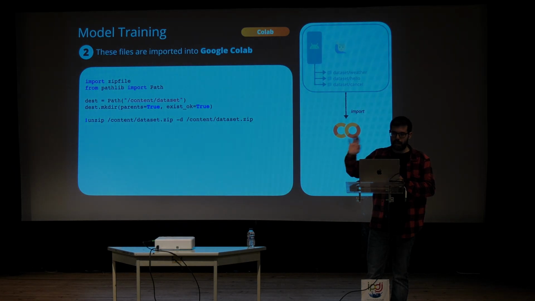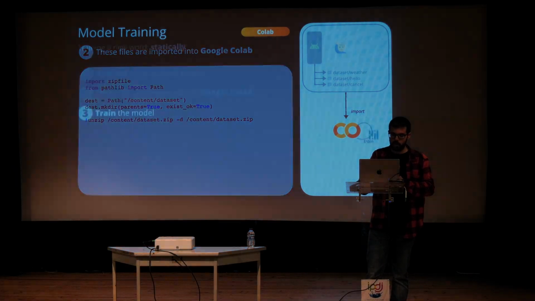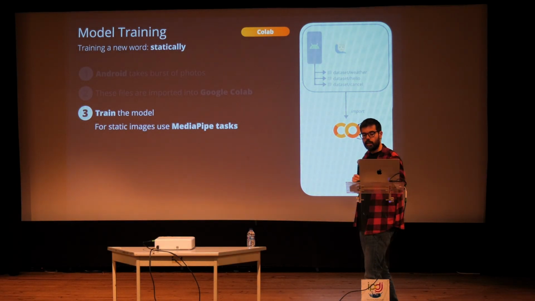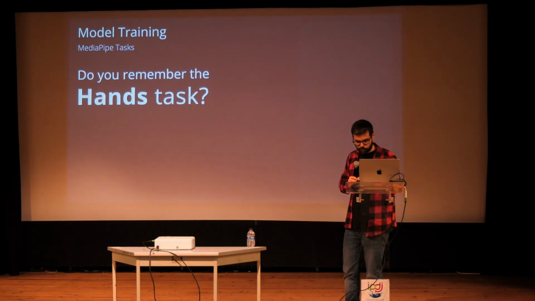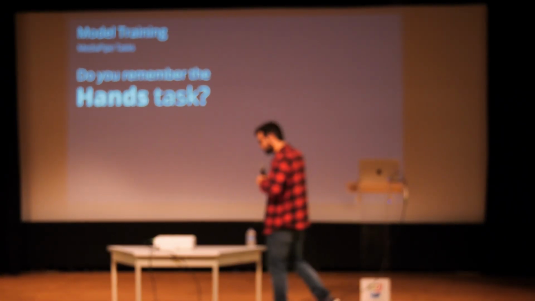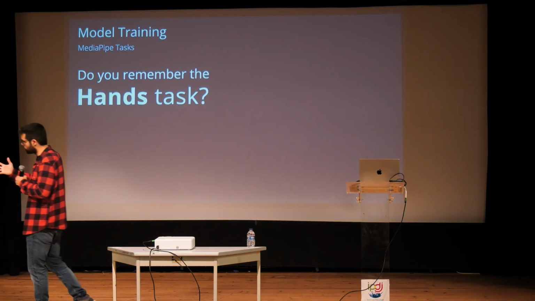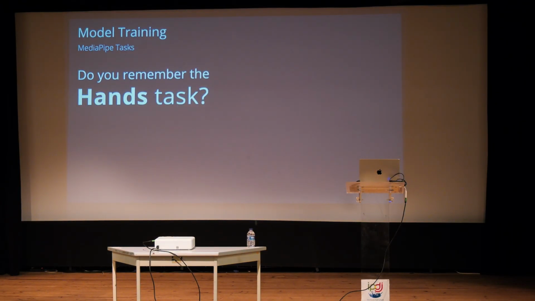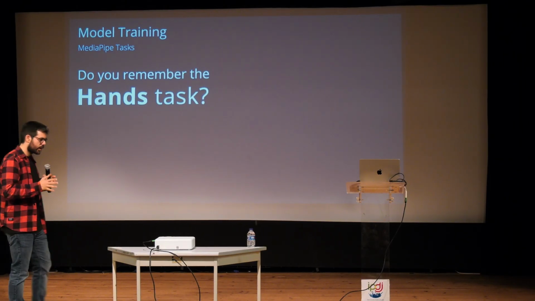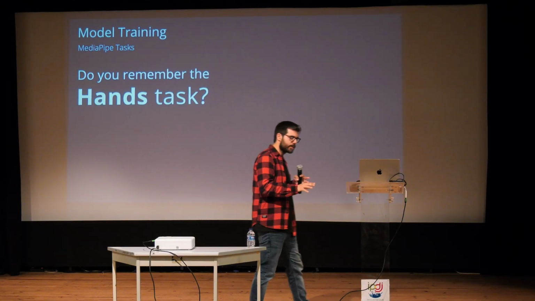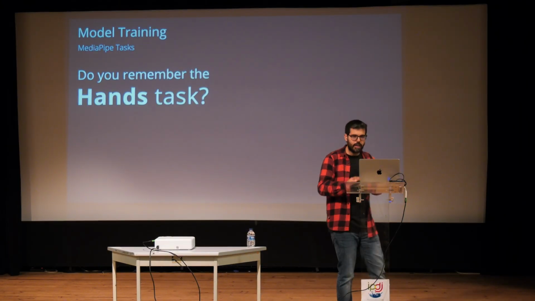How does this work? Basically it's Python, so you just need to unzip your folders, and then to train the model you're going to use a thing that is really cool called transfer learning. I mentioned before that you've got hand landmarks, so you've got a specific task that's going to understand your hand and the 21 points of your hand. That specific task already has a couple of still images trained. There are millions of images there, but there are a couple of ones that already have a meaning.